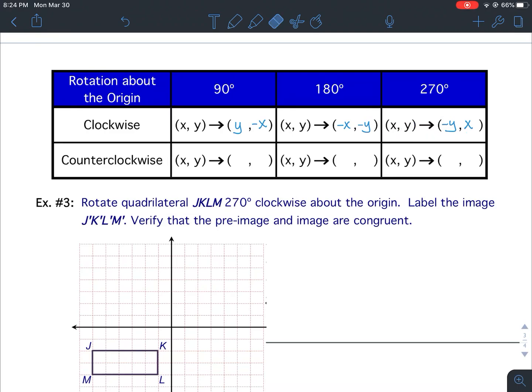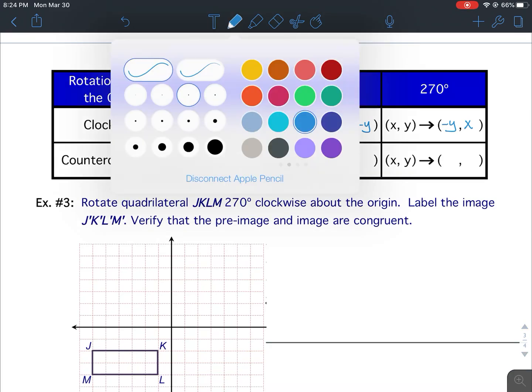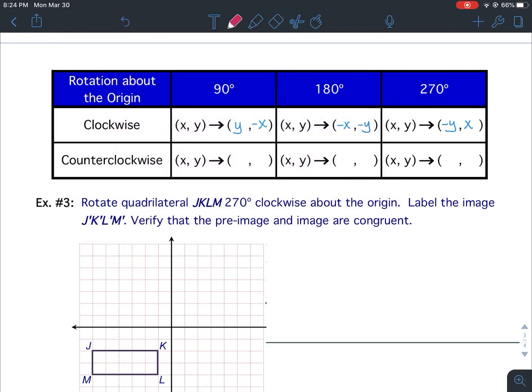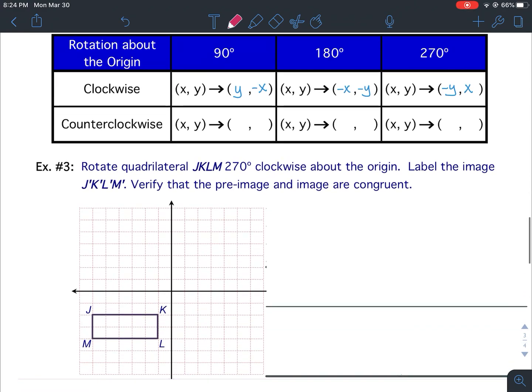Now, what if we were going the other direction? What if we were going counterclockwise? Let's go down to our example 3 here. If I take this rectangle JKLM and I rotate it 270 degrees, each quadrant is 90 degrees. So from here to here would be 90 degrees.